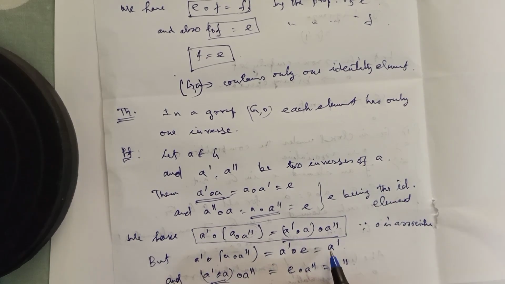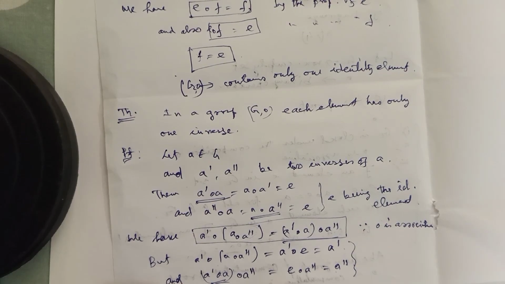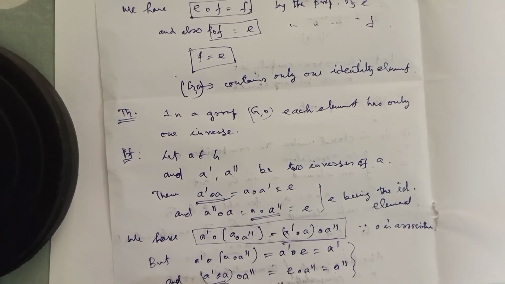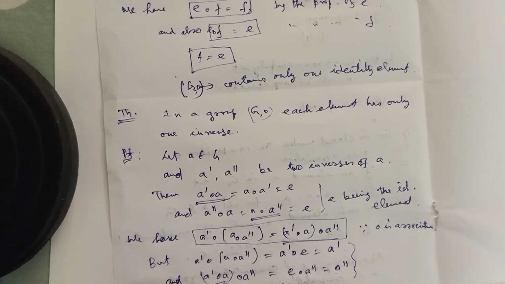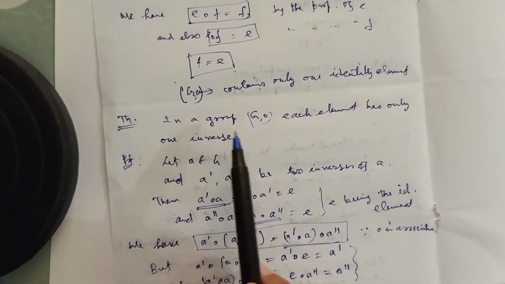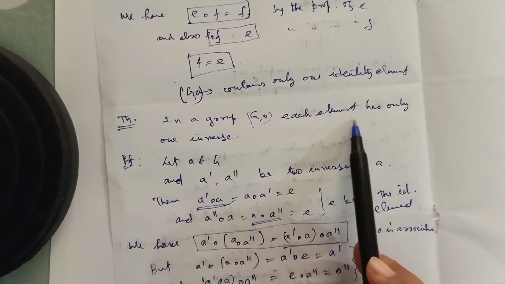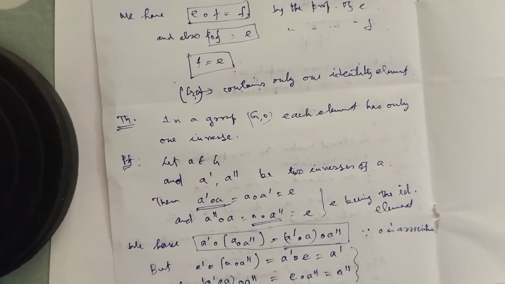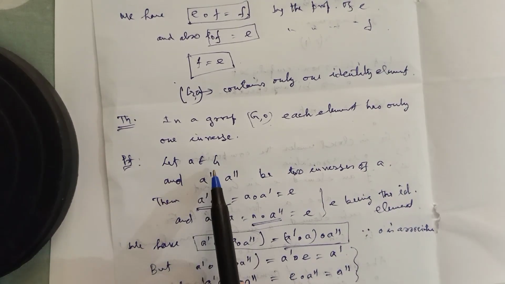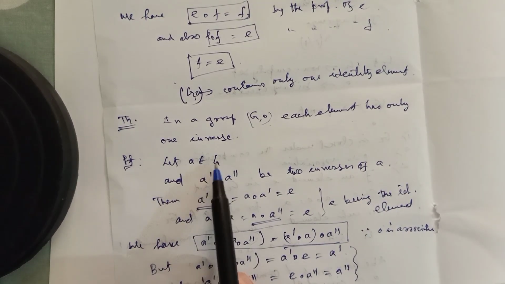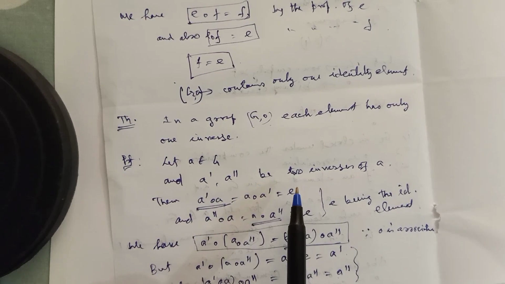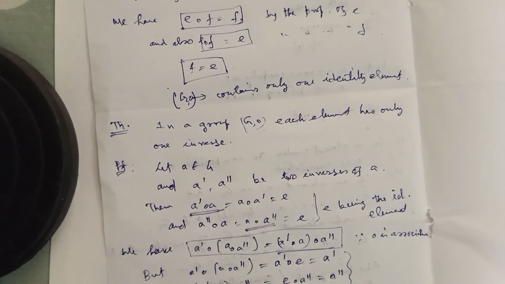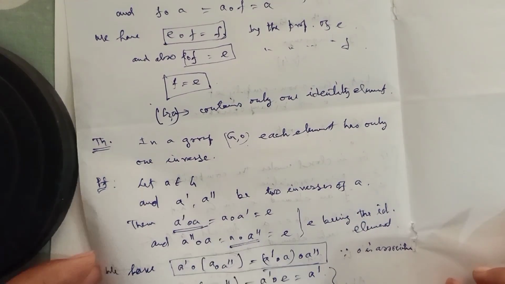From these two relations we can say that A dash equals A double dash, and that proves that in a group G, each element has only one inverse. So in this group G, A has only one inverse. This completes the proof.